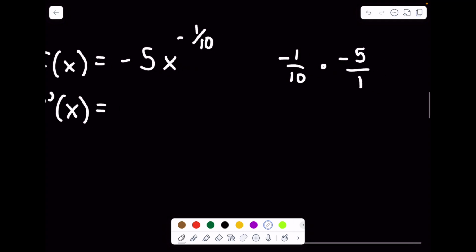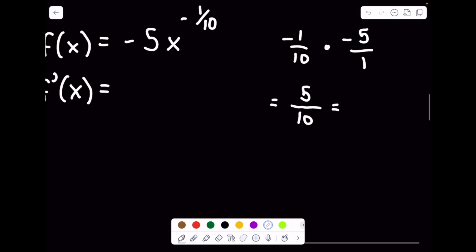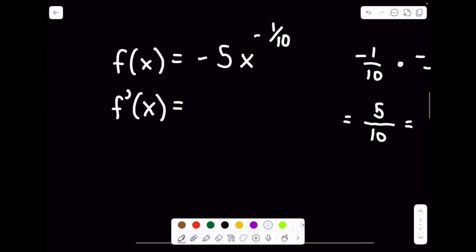We know that when we have fractions, we can just straight multiply across. A negative times a negative would give us a positive, so negative 5 times negative 1 would give us positive 5, and 10 multiplied by 1 would just give us a denominator of 10. And we know 5/10 is just half. So our leading coefficient for the first derivative would be 0.5.